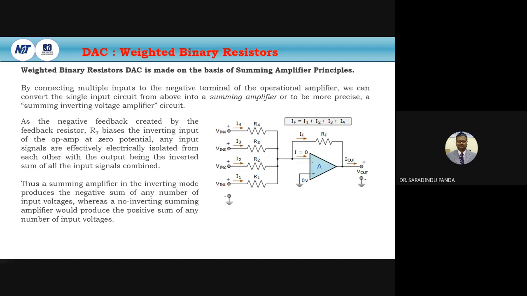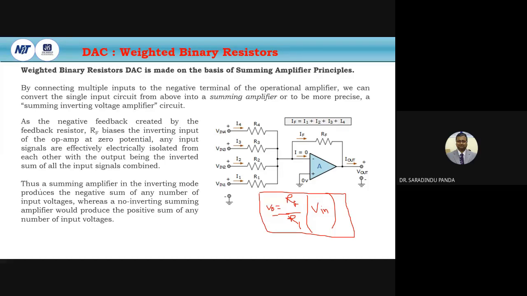For an inverting amplifier, V0 is equal to minus RF by R1 into Vin. So this is an inverting voltage amplifier.